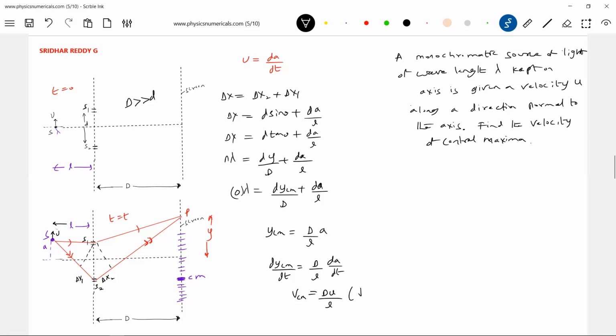So how will it be directed? Vertically down, along the screen. At that instant, the velocity of the central maxima will be du by capital L. Oh, sorry, du by small l. What is l? l is the distance of the source from the slits.